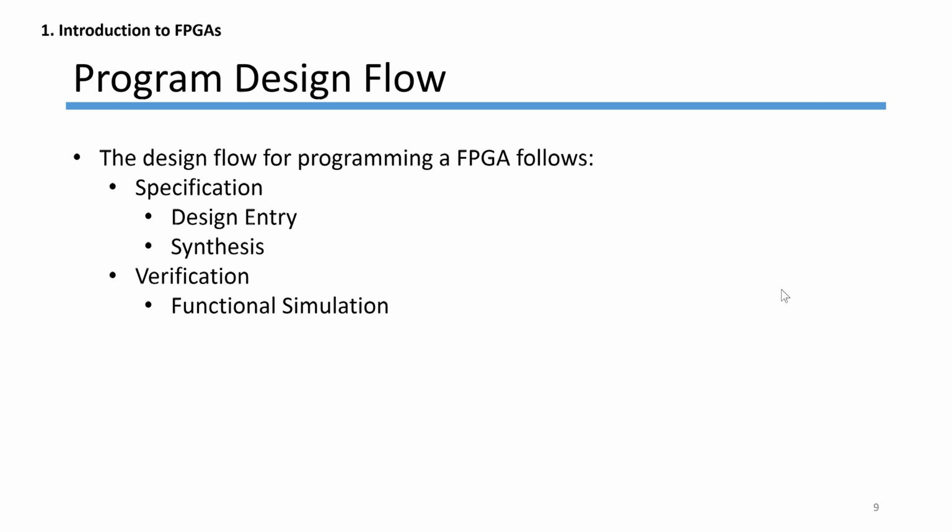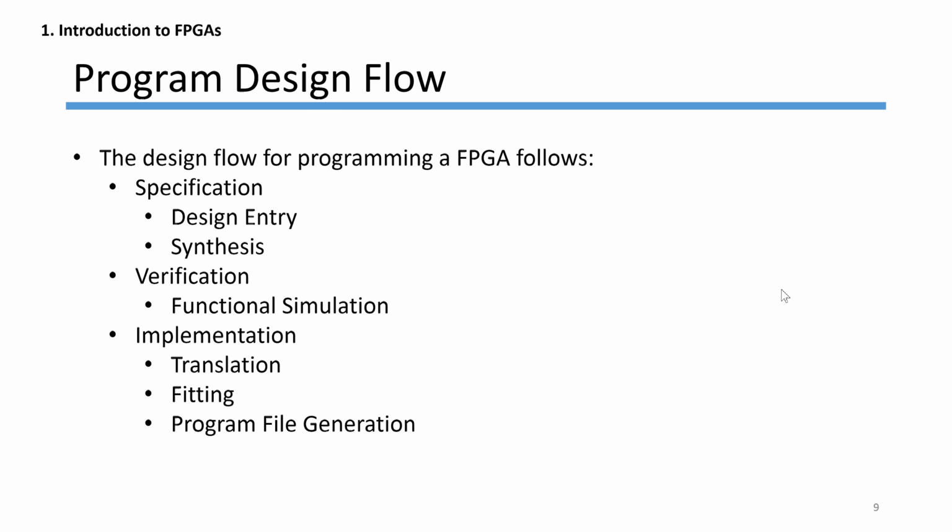Generally, it depends on the project and what type of programming you are doing to determine which way would be better. In implementation, you have translation, fitting, and program file generation. So translation, as we mentioned before, is where the interconnecting resources get to work and they start wiring the junctions together, they're wiring the logic blocks together. And fitting also is part of that process where all the input-output cells are then connected together to your logic blocks to give your interface outputs.